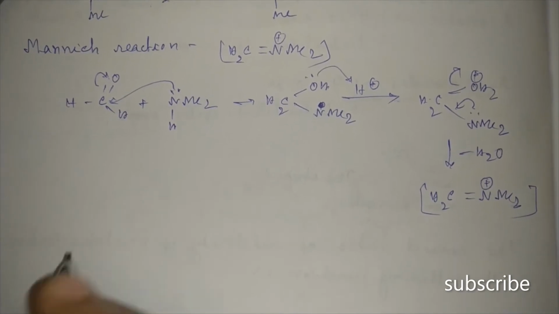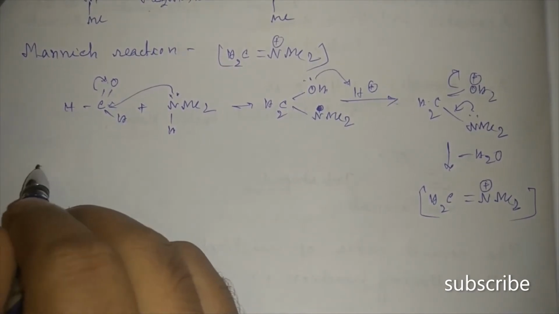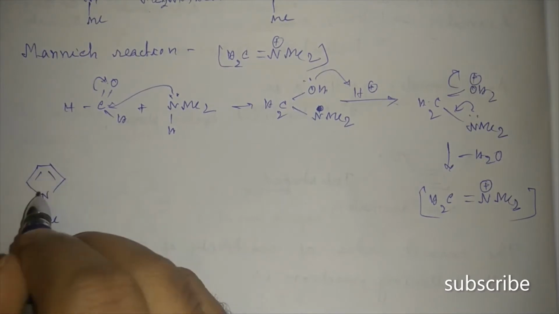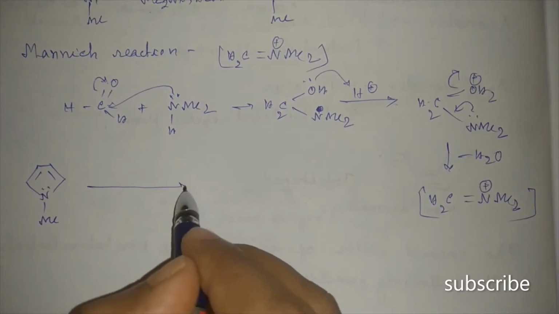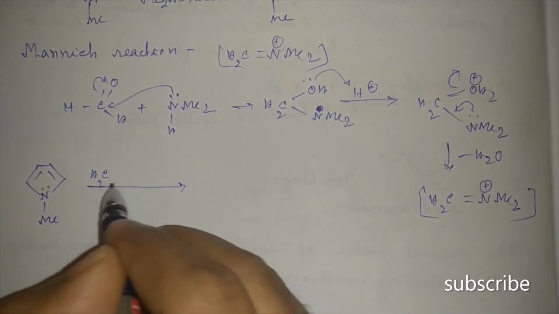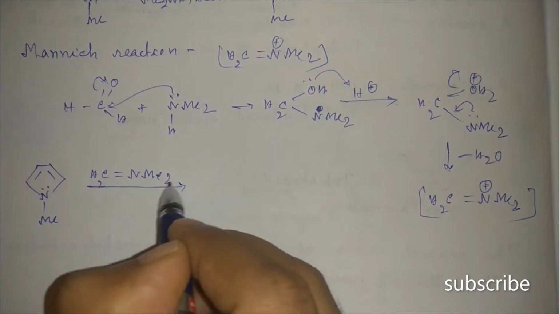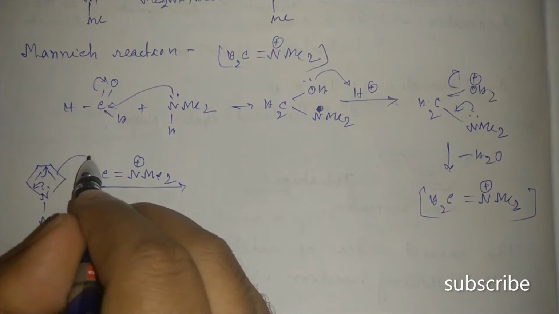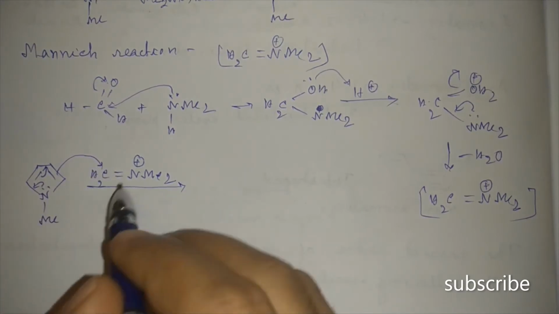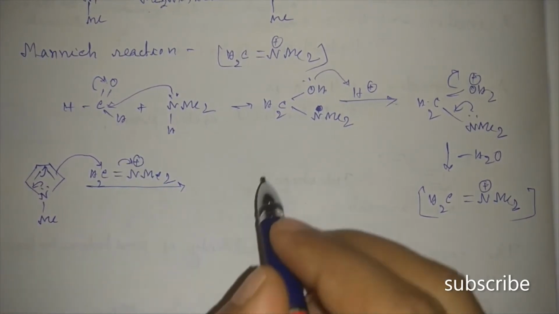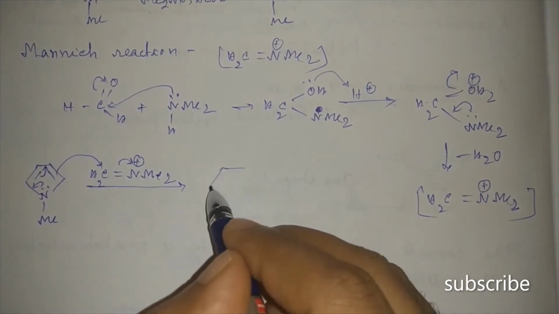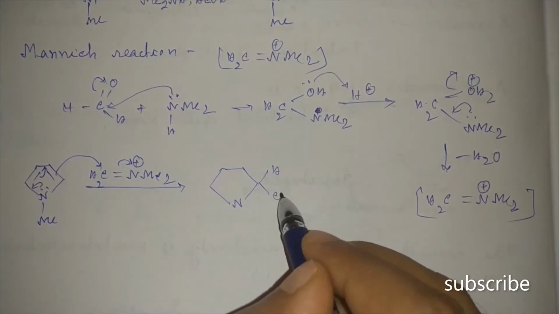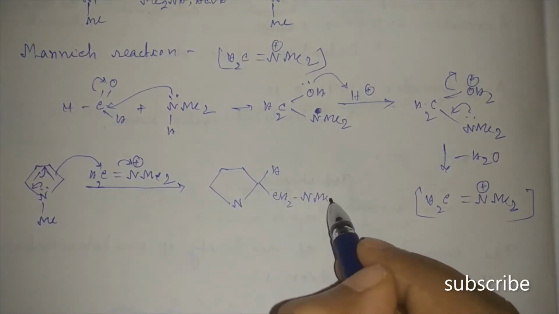Now in pyrrole, this lone pair will participate in this substitution reaction and the corresponding addition product will be formed, CH2NMe2.